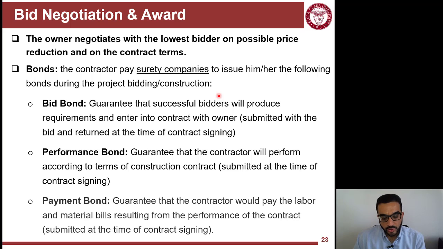Another bond that you also submit when you sign the contract after the bid is the payment bond. So the payment bond is a guarantee that, besides the performance bond, which guarantees that you finish the work, you actually will pay your subs. Because the subs here, if they don't get paid by the GC, the general contractor, they will go to the project and the owner and actually claim ownership and what we call put a mechanic's lien on the property.